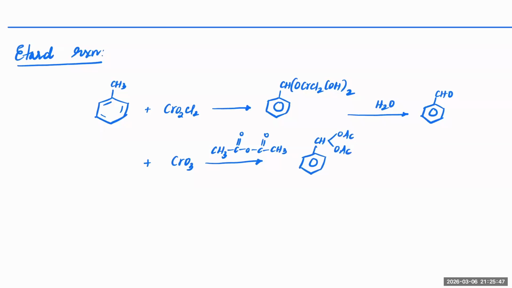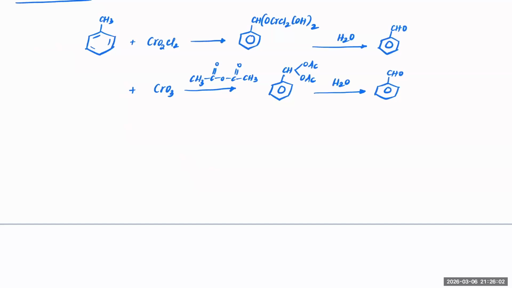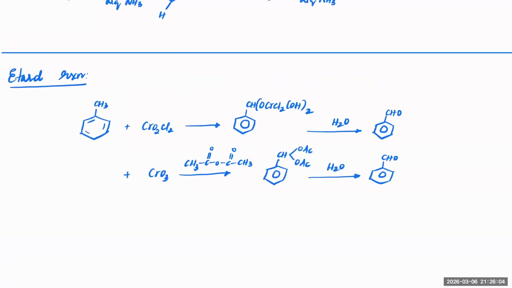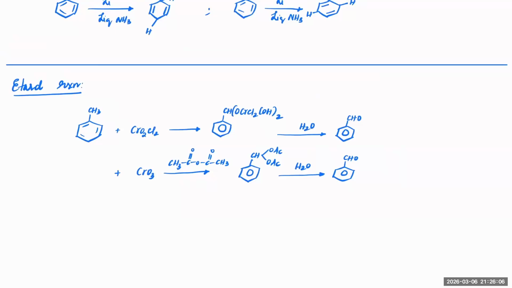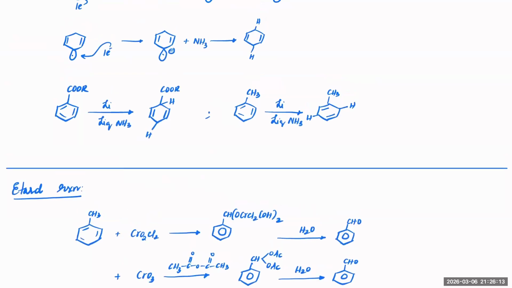And then on hydrolysis, we will get that into aldehyde form. Actually, the first one is called Etard reaction, the second one is an alternative reaction. Got it? So please do check if these reactions are also in place. As far as toluene is concerned, these are the type of reactions you need to learn.